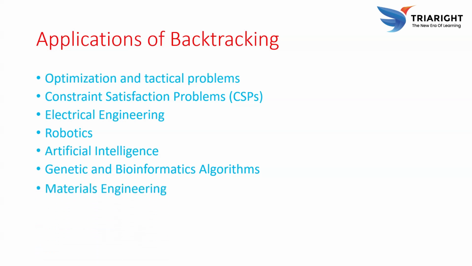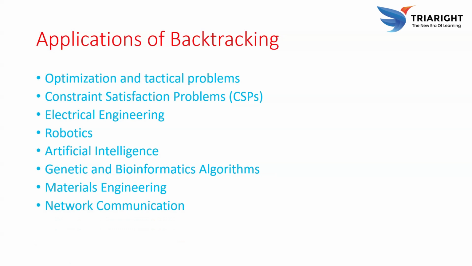In materials engineering, similar to electrical engineering, materials science might use backtracking for problems involving material design and optimization of material properties, which could involve searching for optimal compositions or microstructures that satisfy a set of desired properties and constraints.